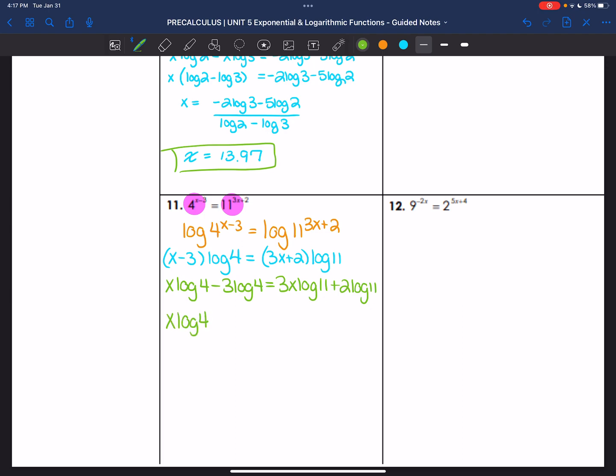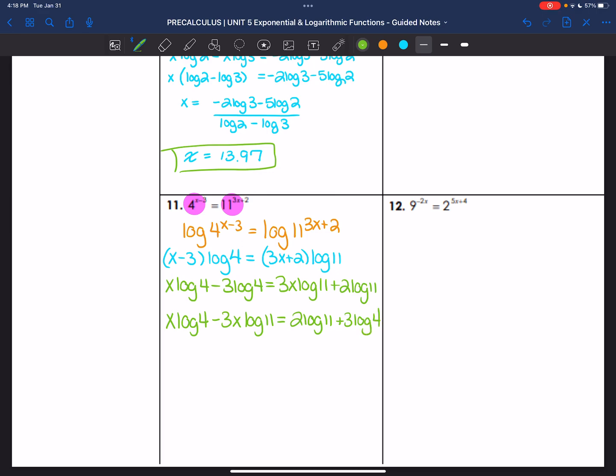We'll stay on that side. And when we move that 3x log 11 to the other side, it'll have to be by subtracting. We had on this side already the 2 log 11. And then we'll move this term from this side over to the other side, and in doing so we'll need to add it because it was negative.